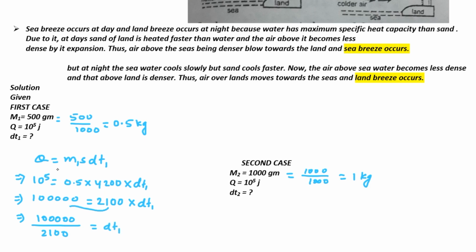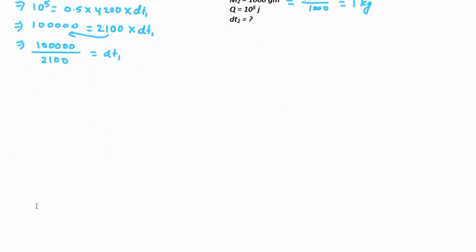It is in multiplication, so it comes in what? Divide. So just divide it, and our required dt1 is 47.61 degrees Celsius. Just solve the second case.